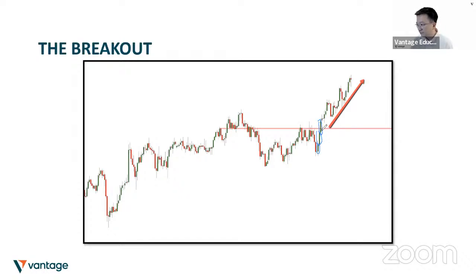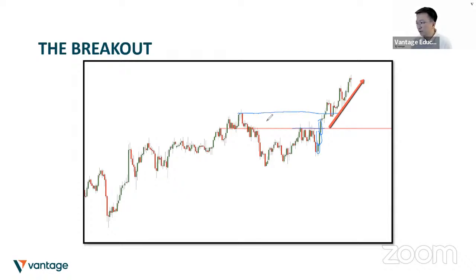It broke above that resistance level here, indicating that further upside is likely. If you're a little bit more risk-taking, you could jump into that three candle setup based on the price action of three white soldiers.